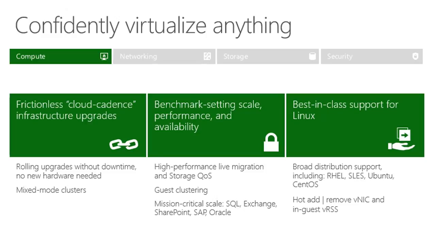We've made a number of changes in that area. And being able to not only put smaller workloads in virtualization, but put your mission critical applications that run on top of SQL, Exchange, SharePoint, SAP, and Oracle in a virtualization environment, and being able to support common Linux distributions like Red Hat Linux, SUSE, Ubuntu, and CentOS.